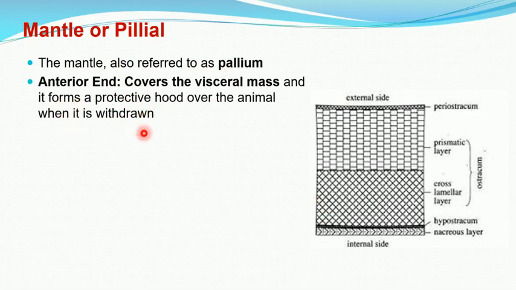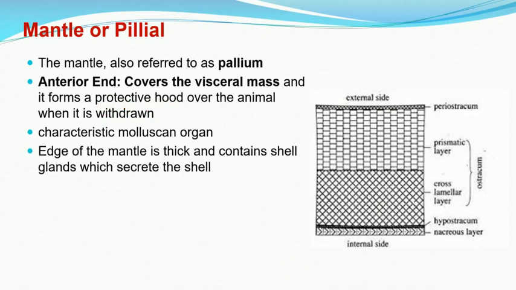When it is withdrawn inside the shell, this mantle gives a second protective layer in the form of a hood over the entire visceral mass. The visceral mass is always situated inside the shell, and over it you have this mantle which acts as a protective hood-like structure. This is a very characteristic feature of the molluscs. You will find this mantle only in the molluscs.